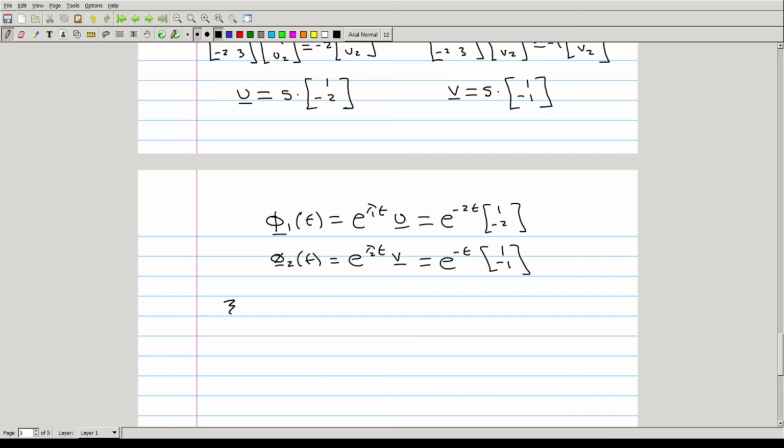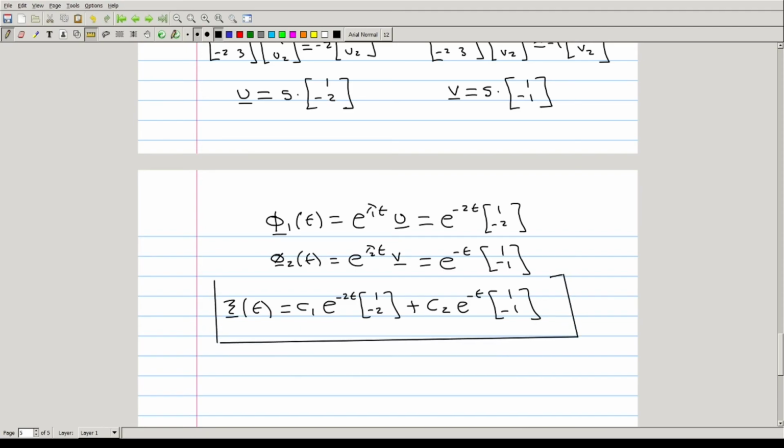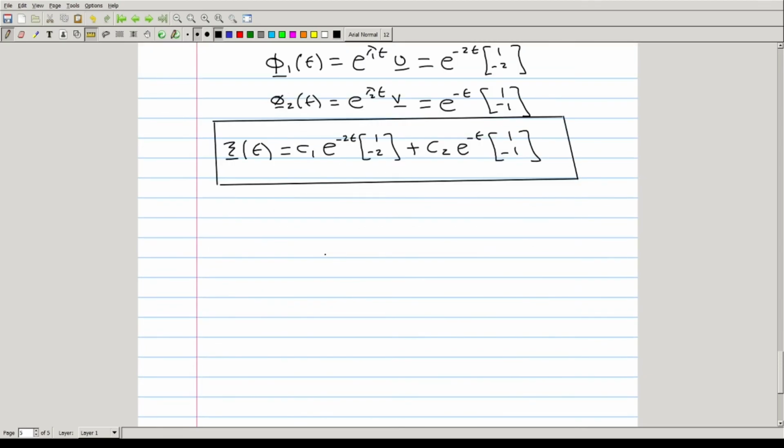Which means our general solution for this example will be c1 e to the negative 2t times the vector 1, negative 2, plus c2 times e to the negative t times 1, negative 1. Which is the general solution to the homogeneous problem.